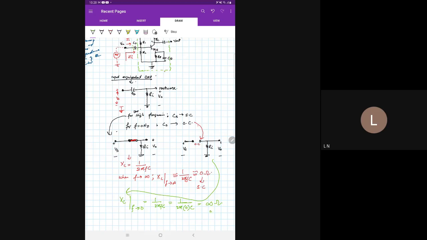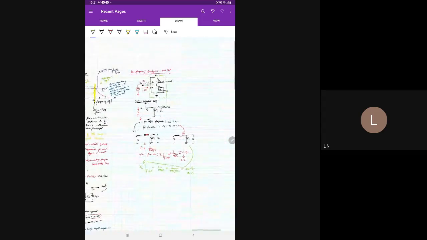Infinity ohms means open circuit. So this is how the coupling capacitor behaves: in low frequency, it behaves as an open circuit, and in high frequency, it completely behaves as a short circuit.